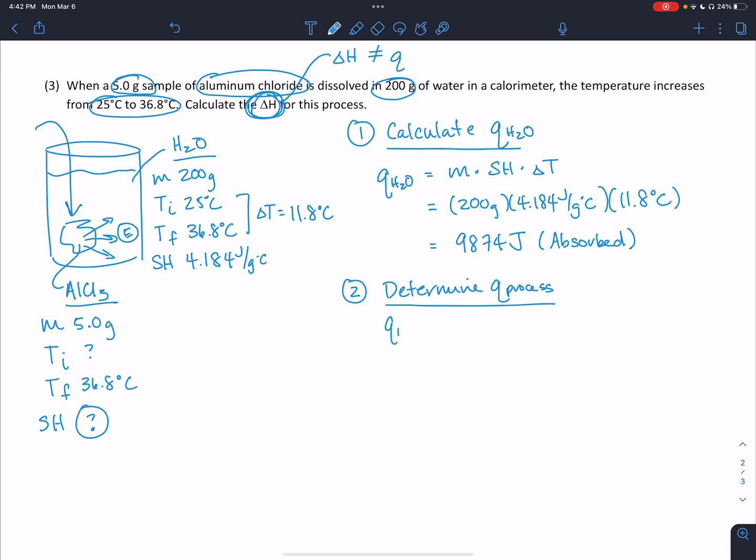Just keep in mind that that value is going to be equal in magnitude but opposite in sign compared to water. So if water was a positive 9,874 joules and it absorbed that energy, then the dissolving of that aluminum chloride must have been releasing it. So it becomes negative 9,874 joules. So that's going to be released.